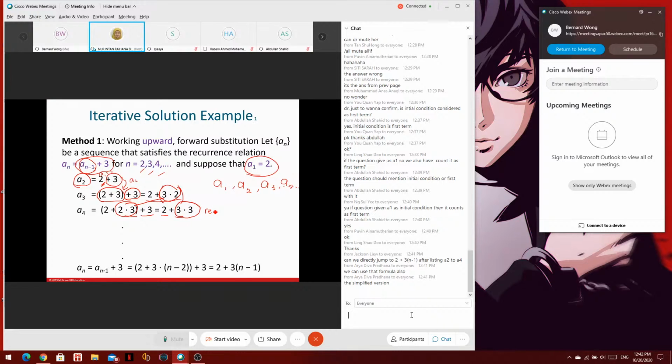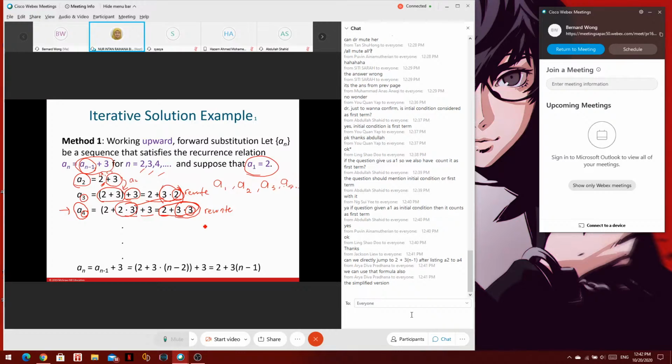Just rewrite it until you see the pattern. See, this one is a_4, where n is equal to 4, and this one is equal to 3. See the pattern here? For a_3, n is equal to 3, and here is 2.